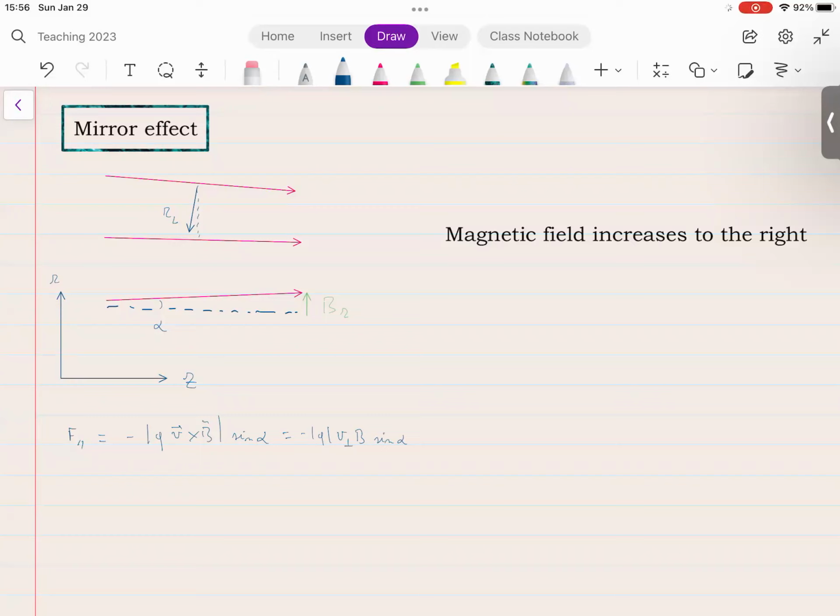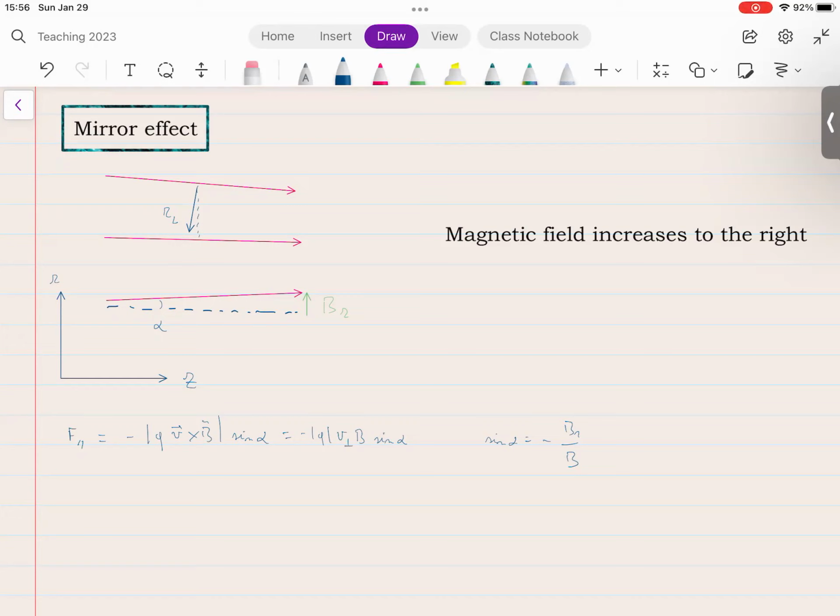Obviously, if the field lines were all aligned, that is, if B was constant from left to right, alpha would be 0 and there wouldn't be any force. But alpha is not 0. In particular, sine of alpha is BR over B in absolute value.